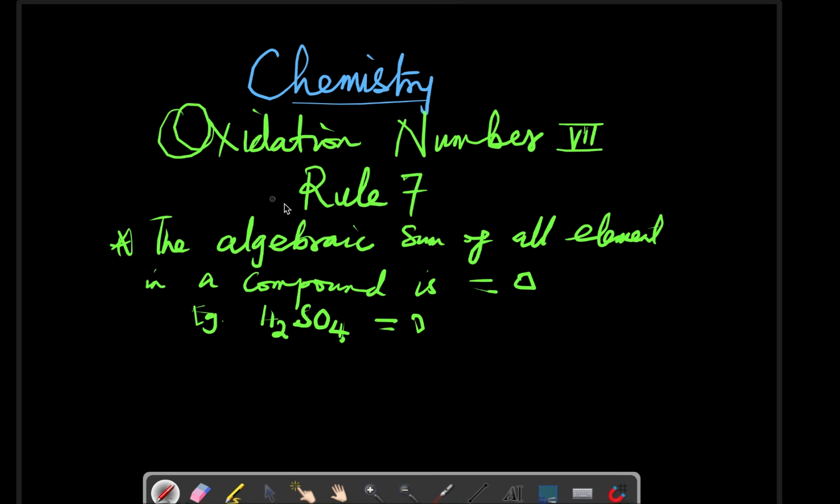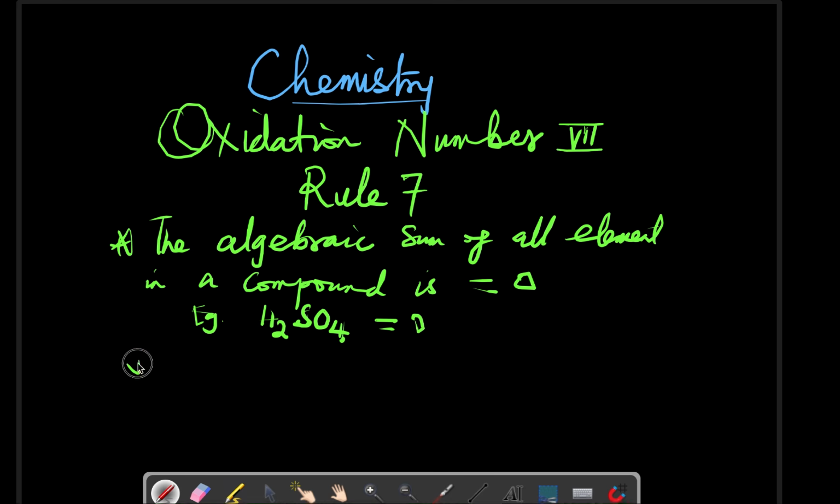When you want to do calculations, maybe you are asked to calculate the oxidation number of sulfur in this particular compound. By the time you're working on this, you equate everything to 0. That's the meaning of the algebraic sum of all elements in a compound being equal to 0.